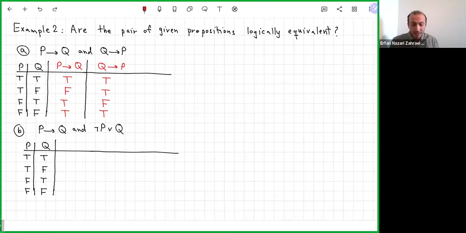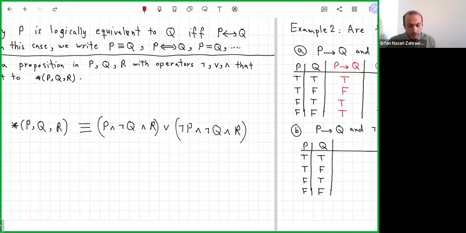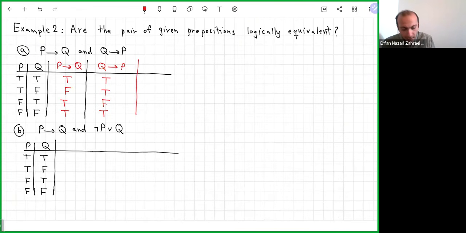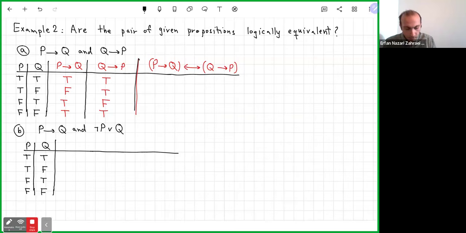If you like to use directly the definition that something is logically equivalent if and only if the biconditional is a tautology, then you may want to add another column: this, if and only if this, Q implies P. And see what happens to this column. This looks at these two, and if they are identical, it's true.